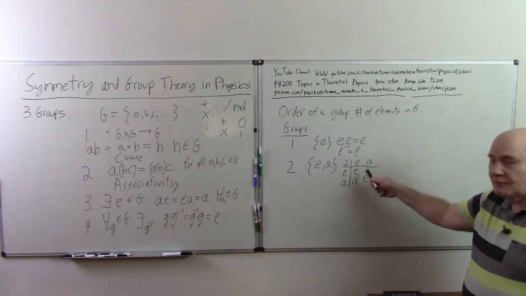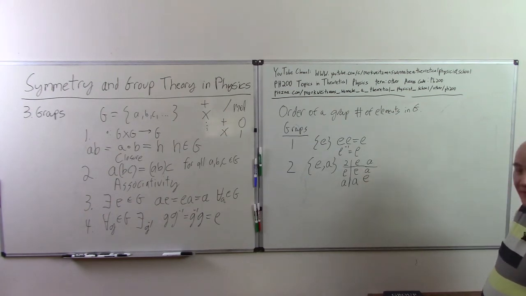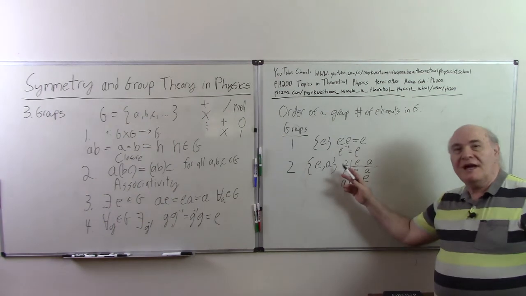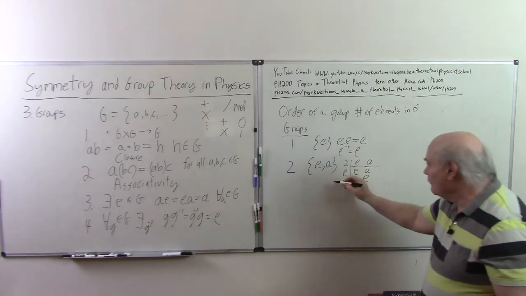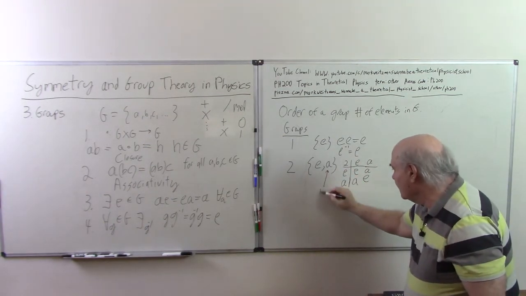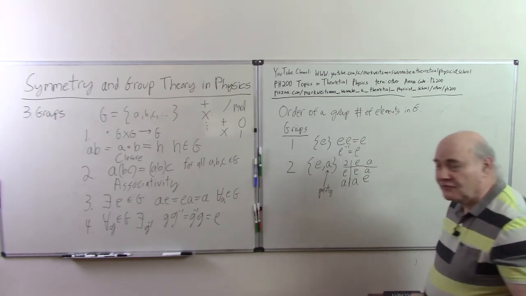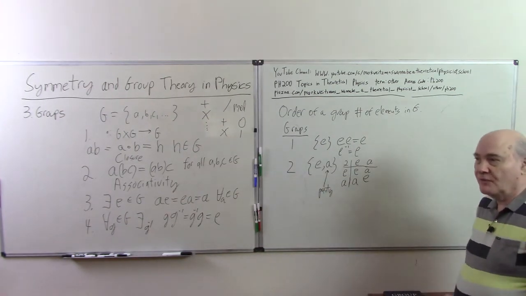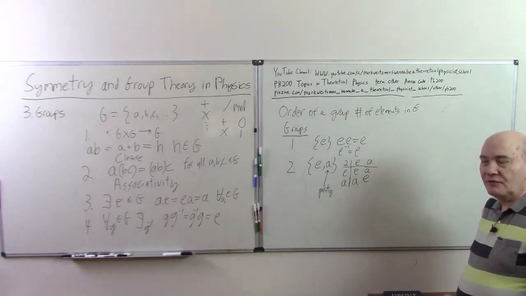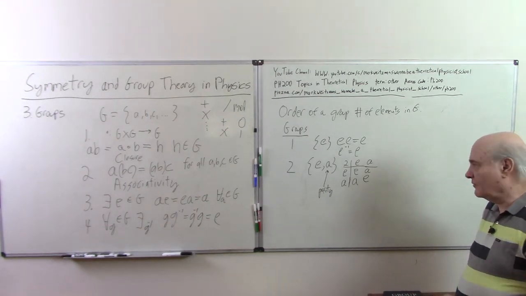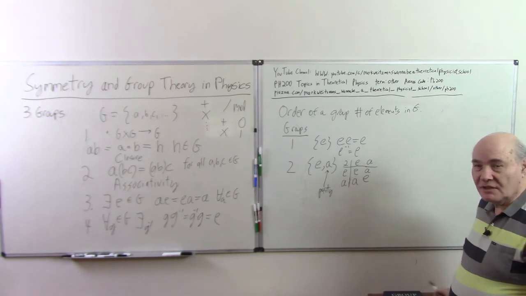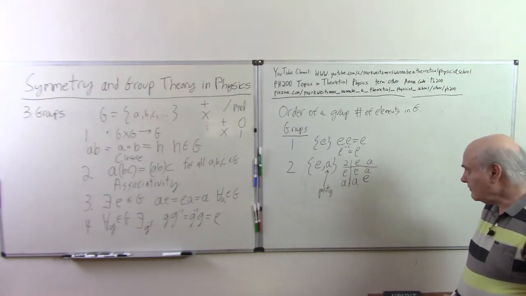Every two-element group is like that. Now, you might think that the two-element group is ridiculously easy and trivial, and it is in a sense, but this occurs in physics a lot. In physics, A is often something like parity. And as I showed last time, we can always break up a function into a symmetric function and an anti-symmetric function using the parity operator.